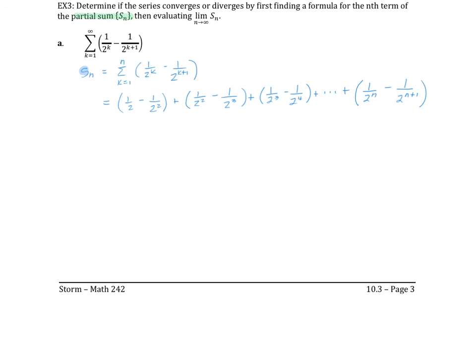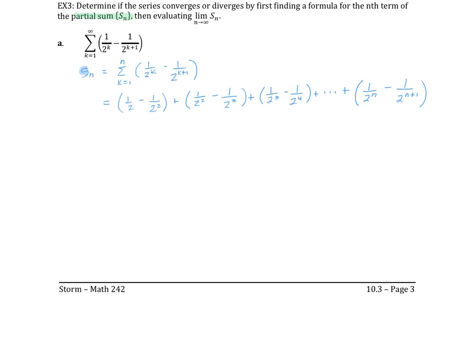Now I have to find an expression for my S sub n. This is why this is a special series, because of the subtraction in there. Some of these terms will cancel when I expand or telescope this series out. So I have to look at the pattern of canceling.